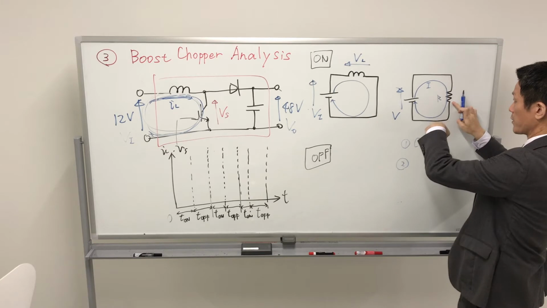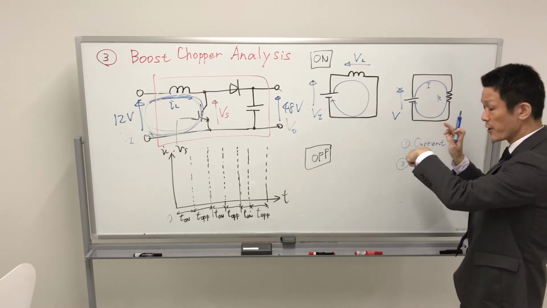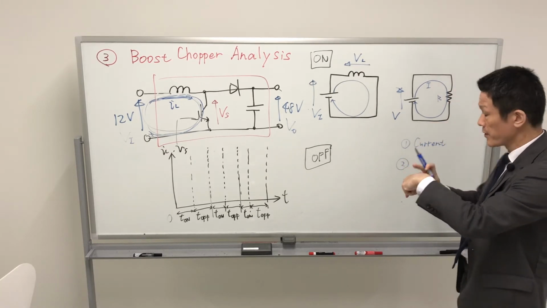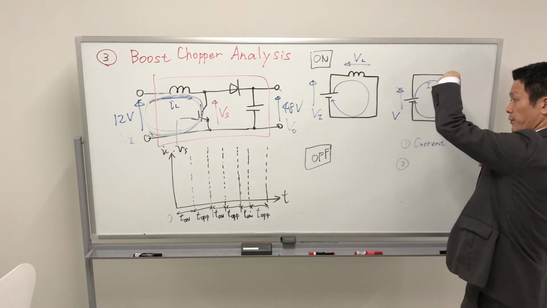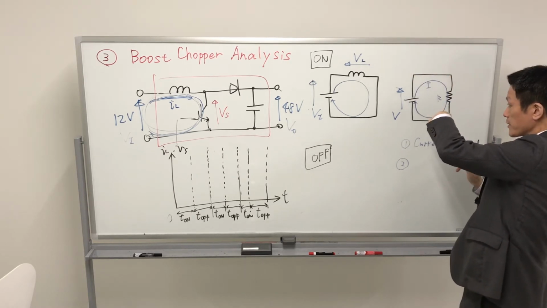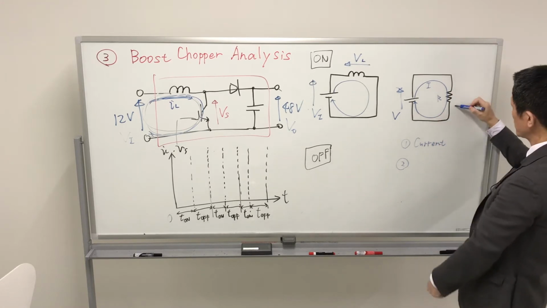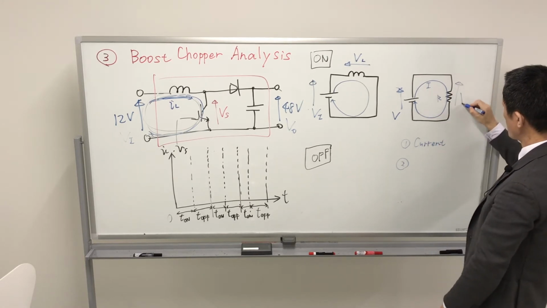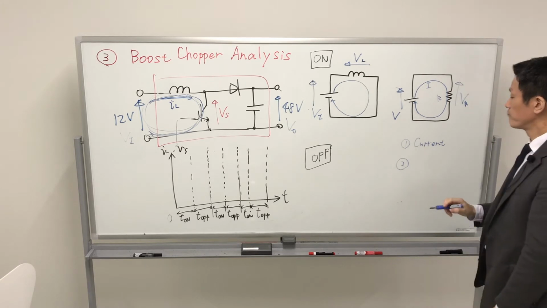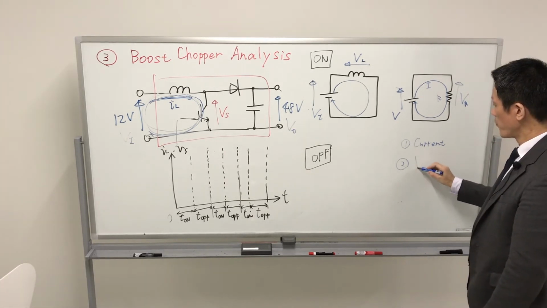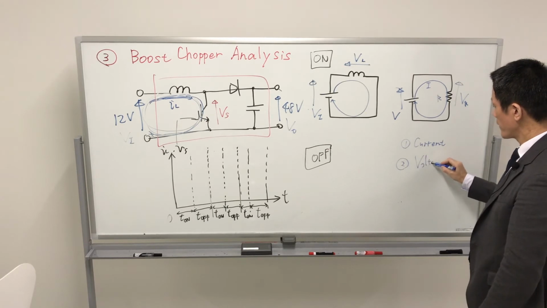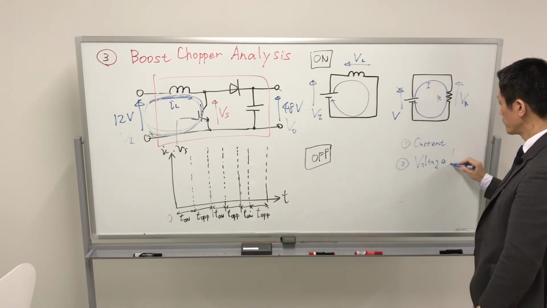But this component's name is the resistance. Resistance means the current flows through this direction and the voltage is on the opposite side. Okay, so this one, VR, voltage arrow.